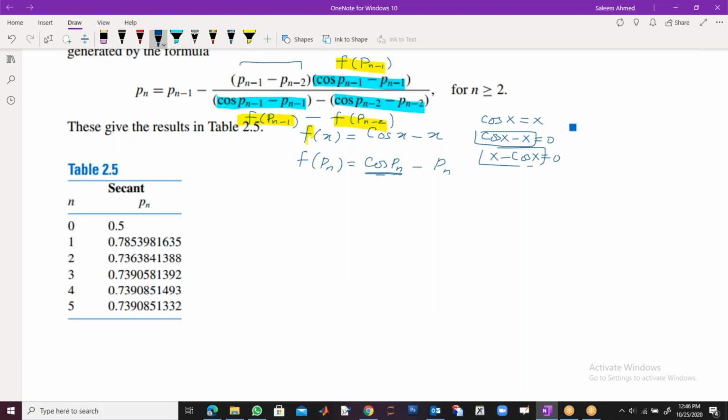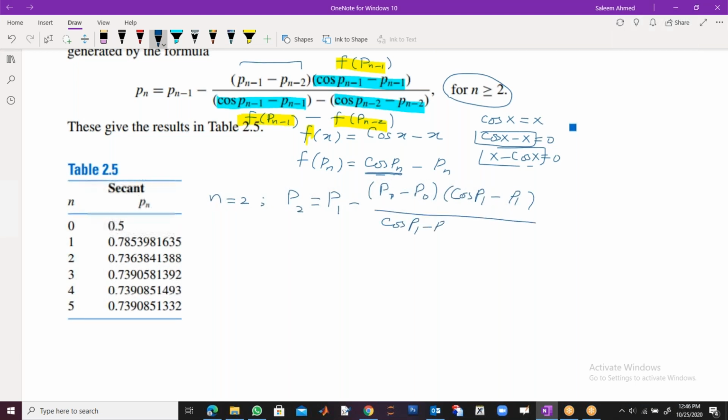Now how are we getting the iterations, right? Because I needed two initial guesses, it starts from n greater than or equal to 2. If I take n is equal to 2, I will get P2 on the left. On the right, I will get P1, because n minus 1 is 1, minus P1 minus P0, cosine P1 minus P1, divided by cosine P1 minus P1 minus cosine P0 minus P0.